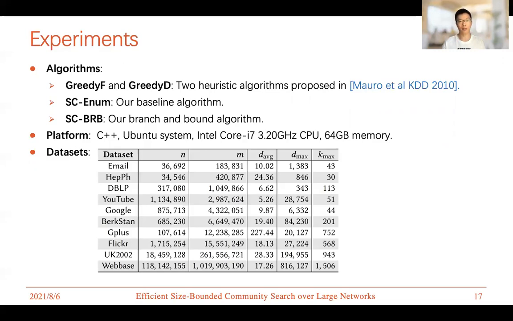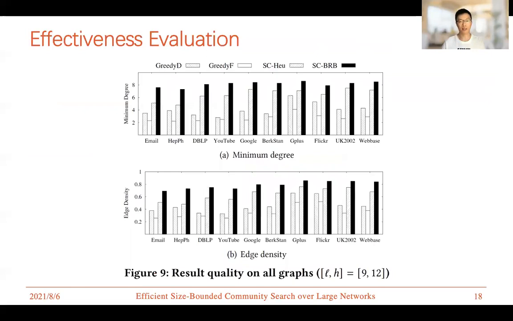All algorithms are implemented in C++. The table shows the datasets used in our experiment. Firstly, the effectiveness evaluation. We evaluate the minimum degree and the edge density of the returned communities under the size constraint of 9 to 12. We can see SCBRB has the highest result quality.